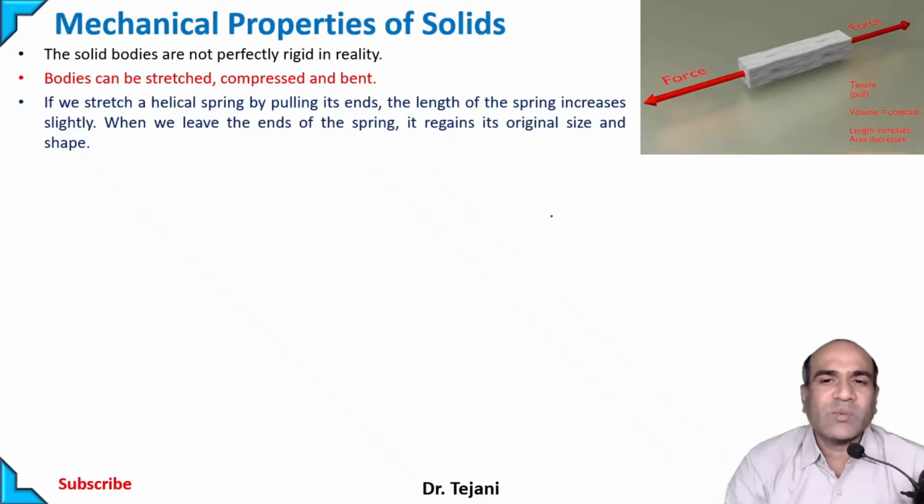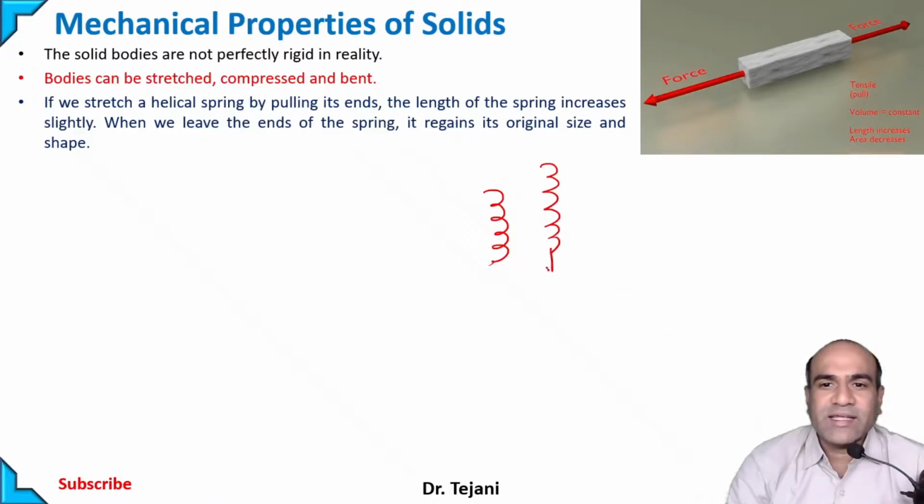And we know these properties very well. For example, if this is a spring and we apply forces on both sides, there is an increase of spring length. But if we remove these forces from both sides, what happens? It returns to its original shape and size.